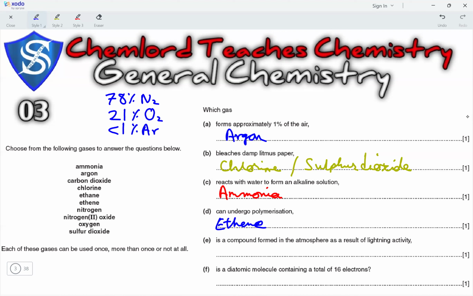Is a compound formed in the atmosphere as a result of lightning activity. So lightning activity results in the formation of NO, nitrogen oxide. So nitrogen oxide in the list is written as nitrogen(II) oxide.